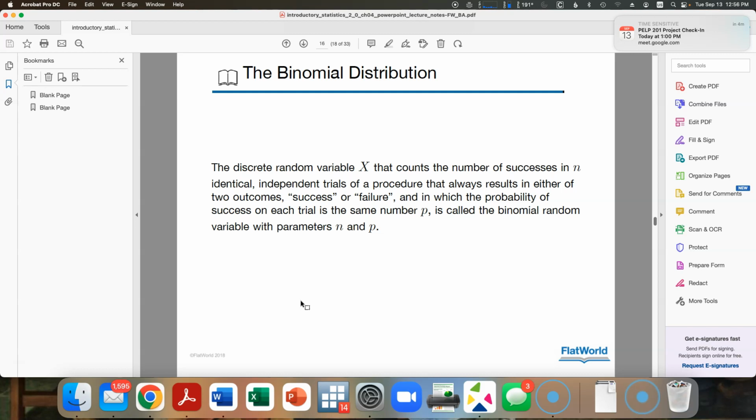So the probability of each of those would be p, and the n would be the number of times that you get, let's say, a success or a failure, whatever your parameter is there.